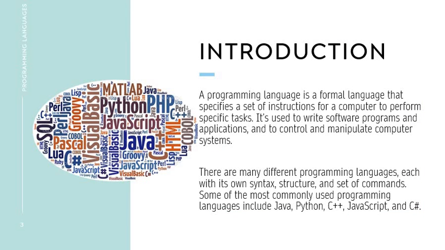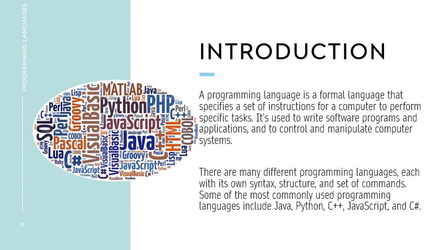Moving on, introduction. A programming language is a formal language that specifies a set of instructions for a computer to perform specific tasks. It's used to write software programs and applications and to control and manipulate systems.